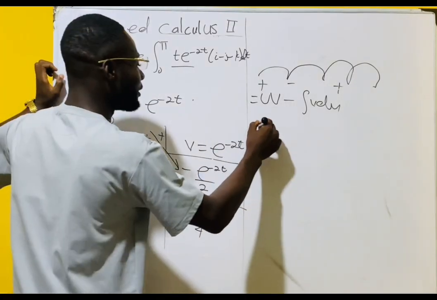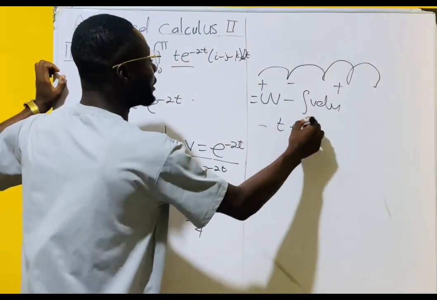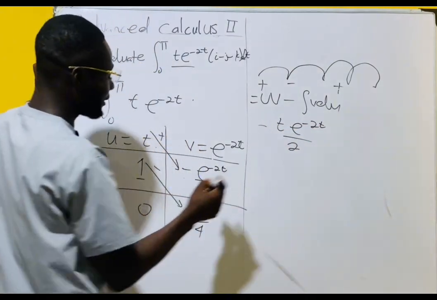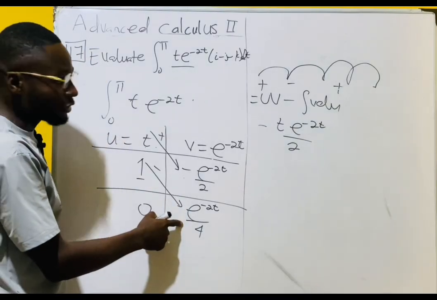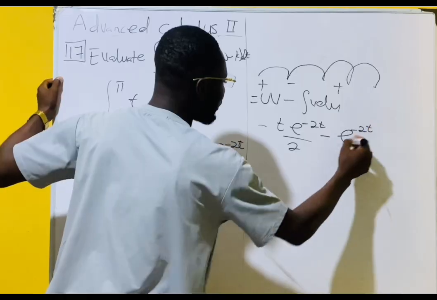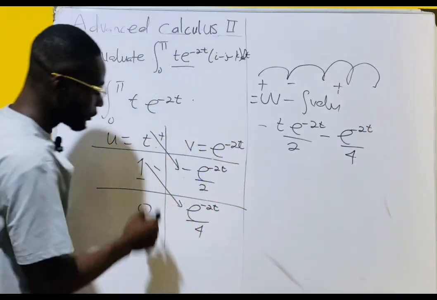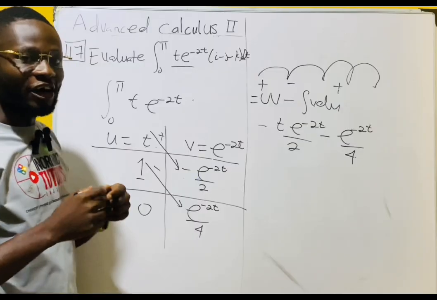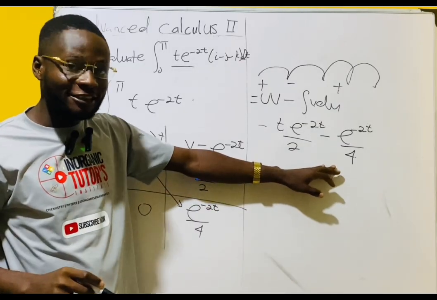So we're going to have negative t e to the negative 2t all over 2, right? Then this to that is going to be what? Minus e to the negative 2t all over 4. Because of this minus, it's going to affect that. Okay, so this is our result using by parts.